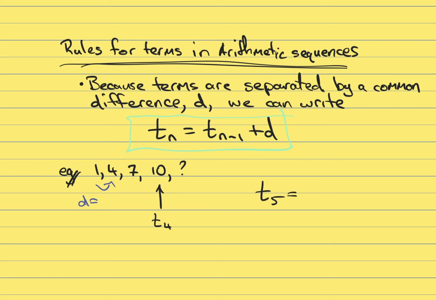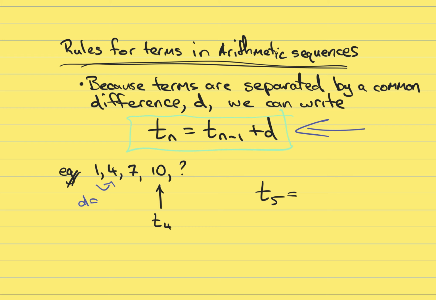There are some rules that we've got associated with arithmetic sequences, basically rules that tell us what the terms are. Now, the easiest one is where we've got one of the terms and then we want to figure out the next, just like we did in the example there. And because the terms in an arithmetic sequence are always separated by a common difference, D, we can write this equation here.